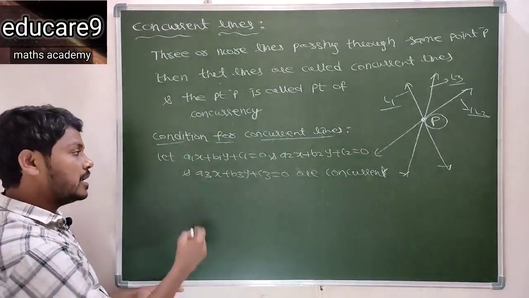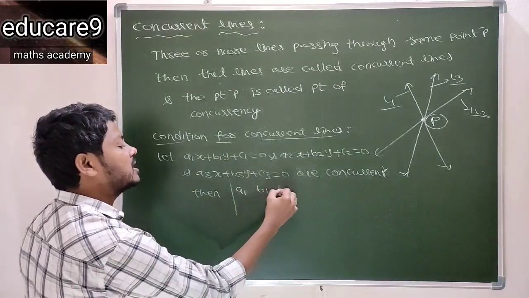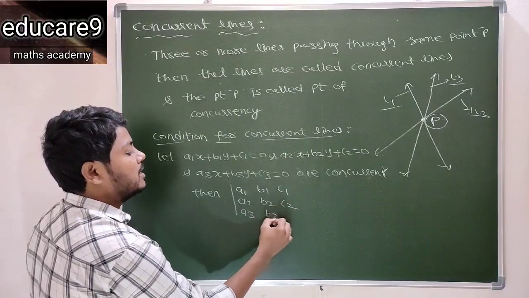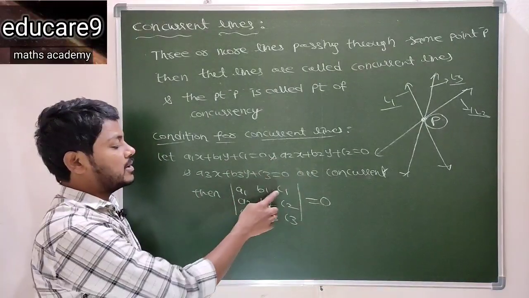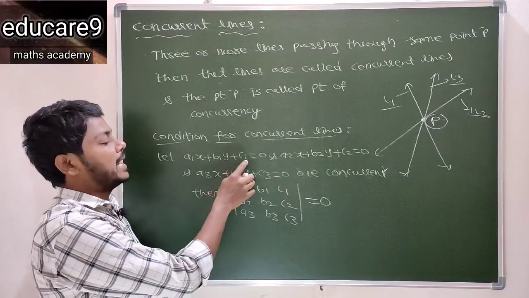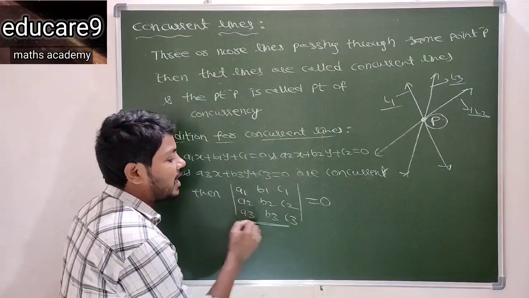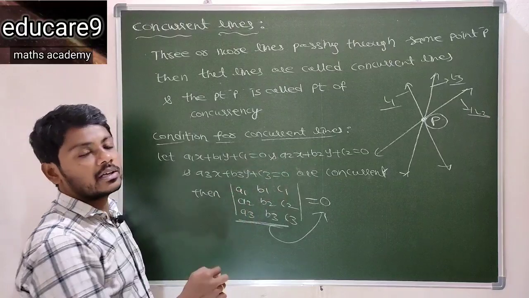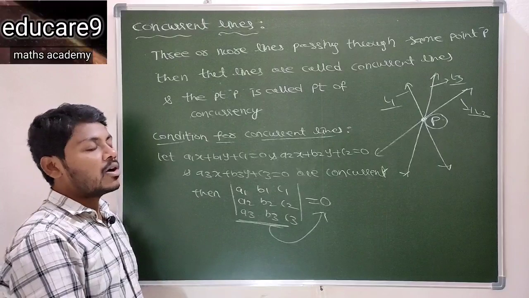Then what is the condition? Then the determinant of a1 b1 c1, a2 b2 c2, a3 b3 c3 is equal to 0. Here a1 b1 c1, a2 b2 c2, a3 b3 c3 are the coefficients of x, y and the constant. If this determinant value is 0, then you say that these three lines are concurrent. Okay, so this is the condition for concurrent lines.